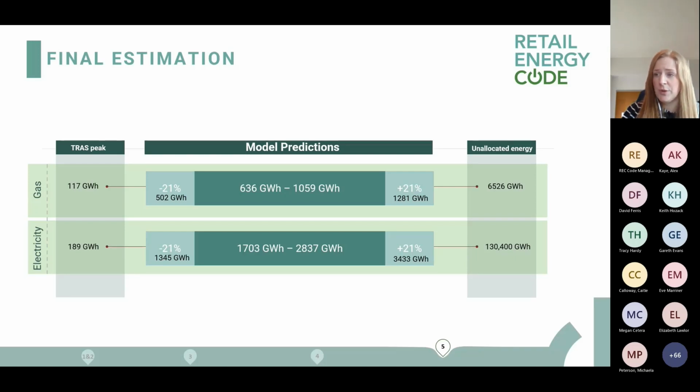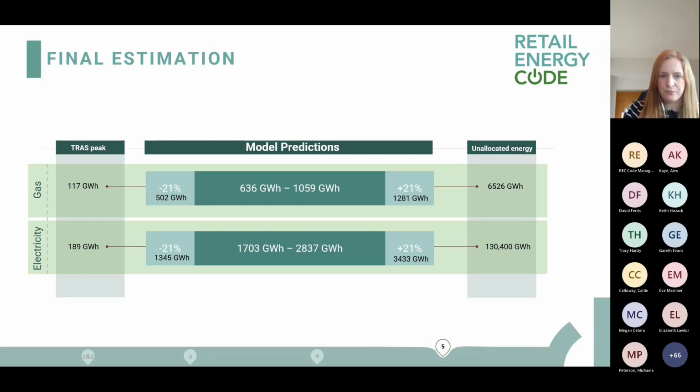The outcome of our model, we did provide a range, and there was also an accuracy level around that, plus or minus 21%. So even within that, our range for gas was between 500 and just under 1,300 gigawatts of energy.